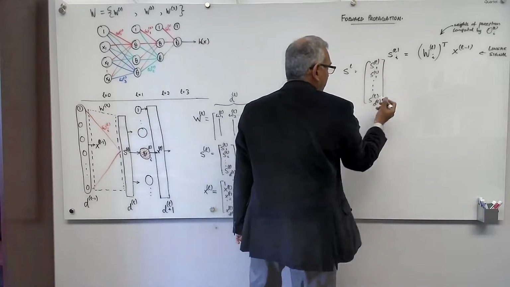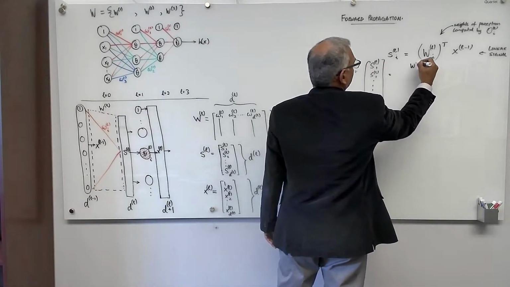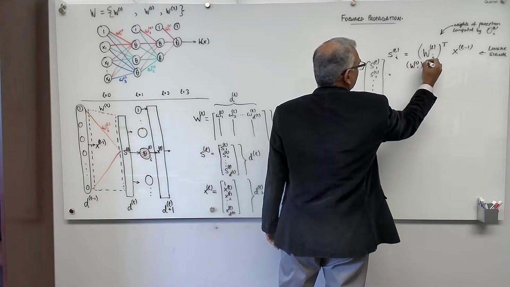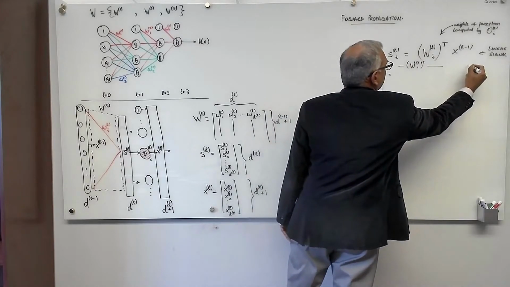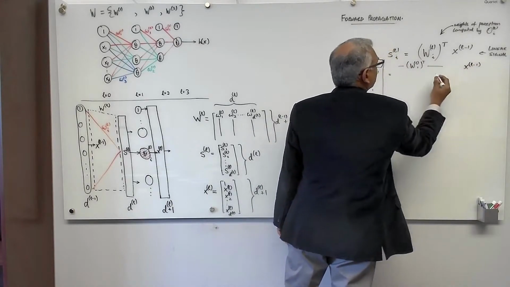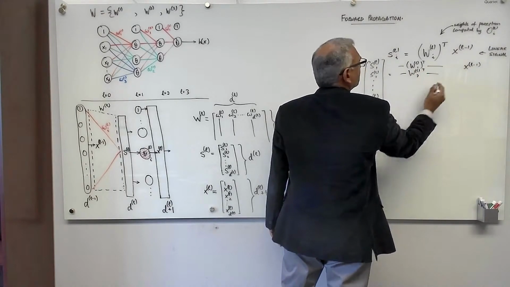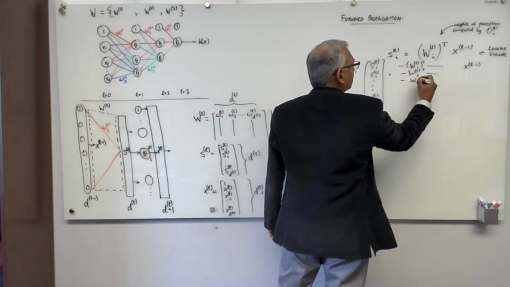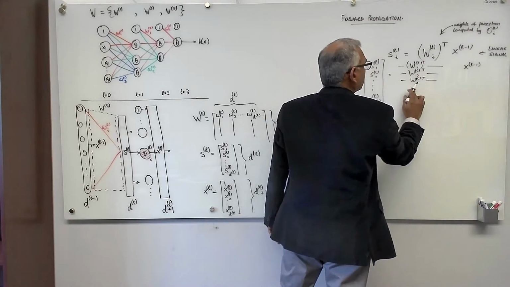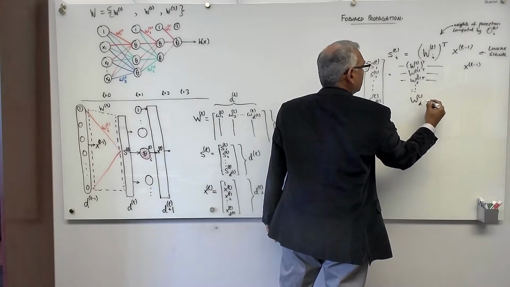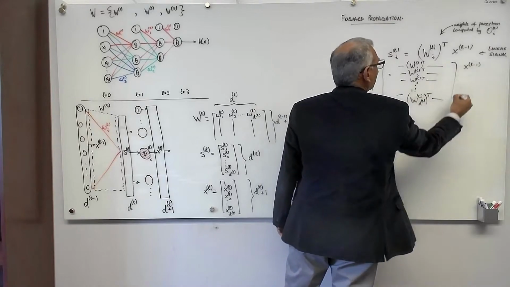The entire input to this layer is the weight matrix: W_L1 transpose, which is now a row, times X_(L-1); W_L2 transpose times X_(L-1); W_L3 transpose times X_(L-1), and so on up to W_L d_L transpose times X_(L-1).